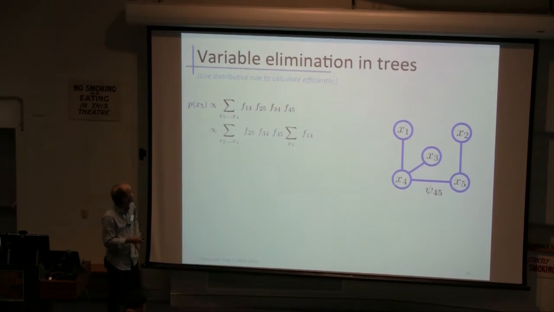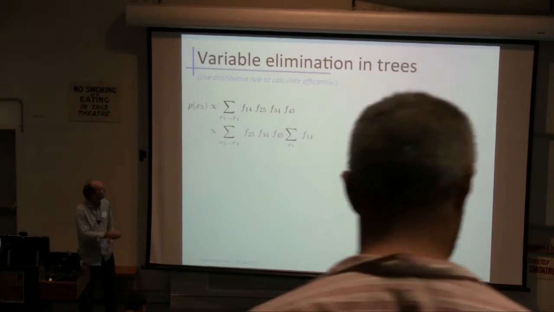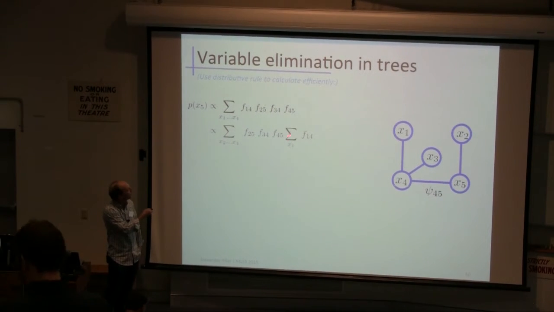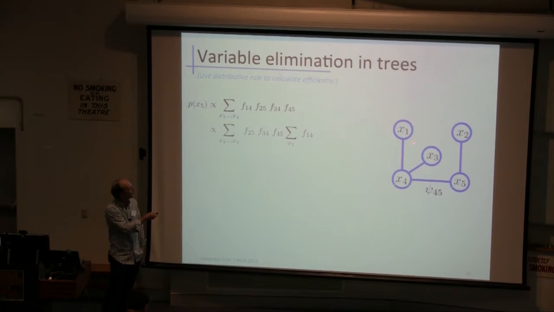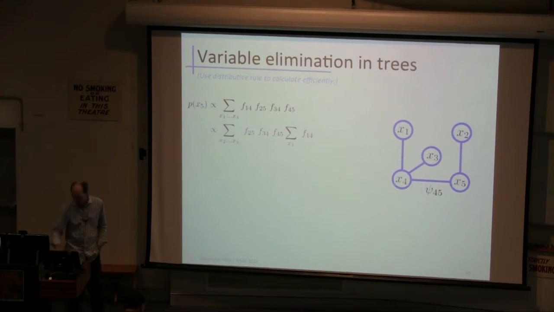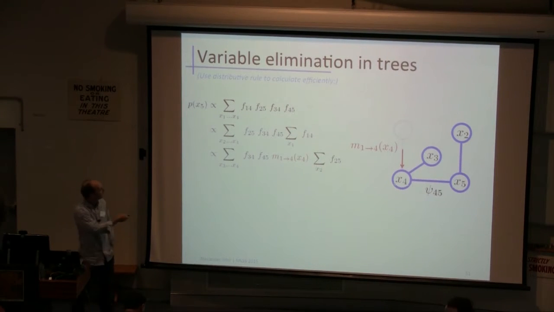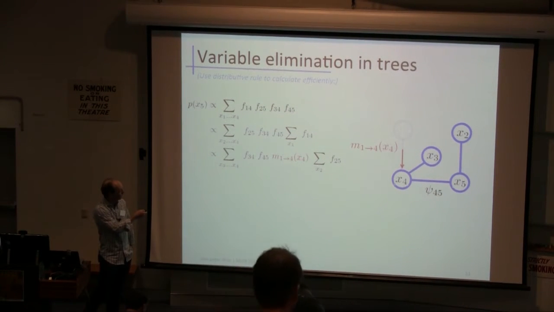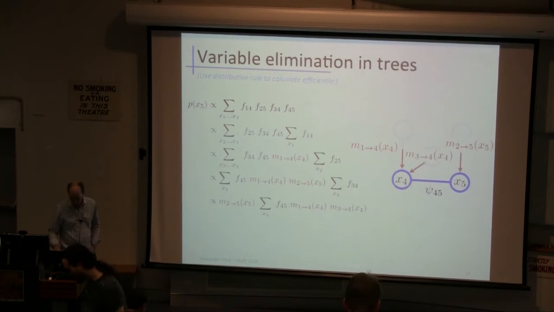So summation problems work exactly the same as maximization in terms of variable elimination. Again, in trees, we can always find some leaf, say x1, eliminate over it, inducing some smaller function over only its neighbor, and so on.